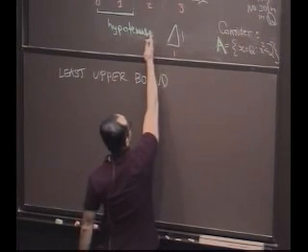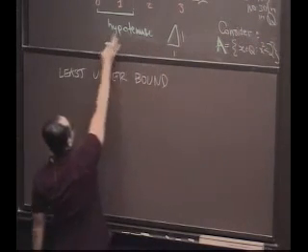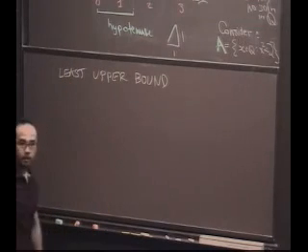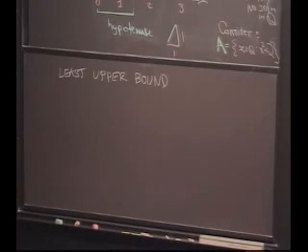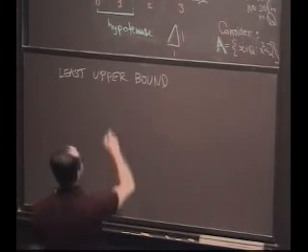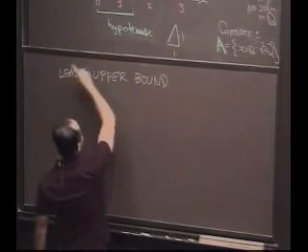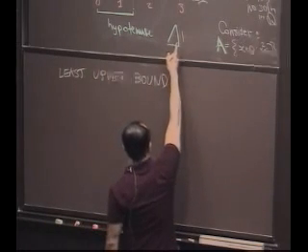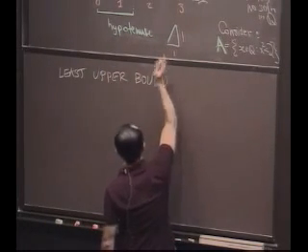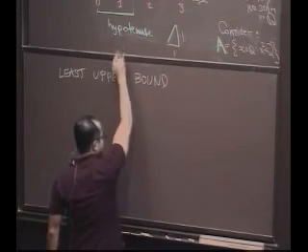Like if I look at the number 2.2, how does it relate to all the numbers in A? It's bigger than all of them. We have a name for that. We'll call 2.2 an upper bound, and it's an upper bound if it's bigger than everything in the set. So is 3.1 an upper bound for this set? Yeah. Is 1.5 an upper bound?